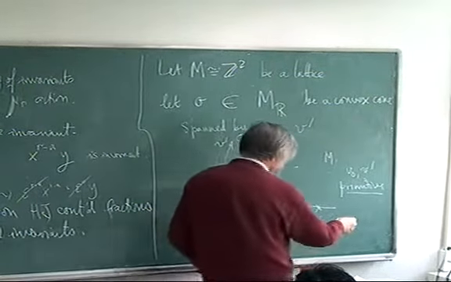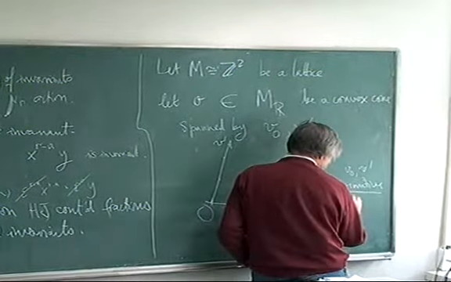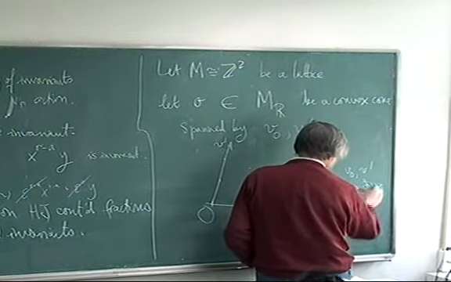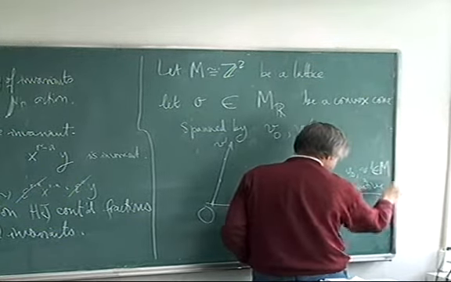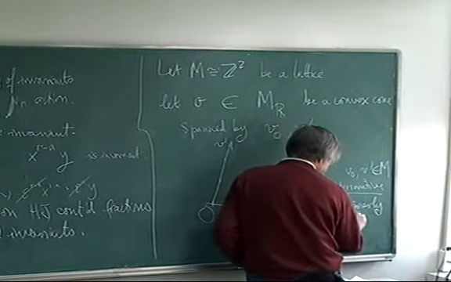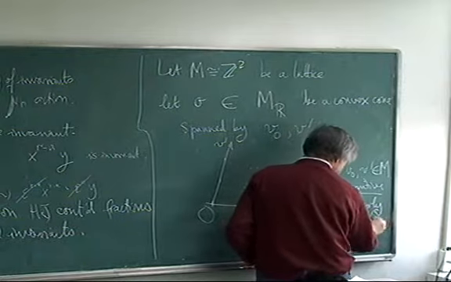And I'm also assuming that they're linearly independent, so these are guys in M, and they're linearly independent over Q.